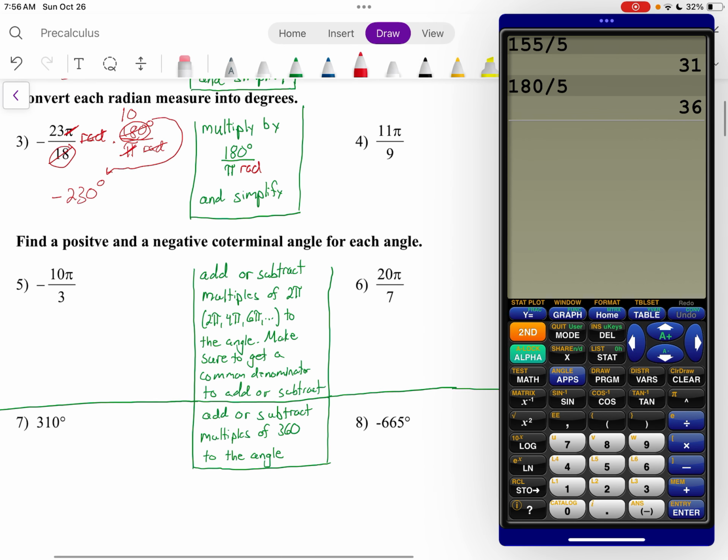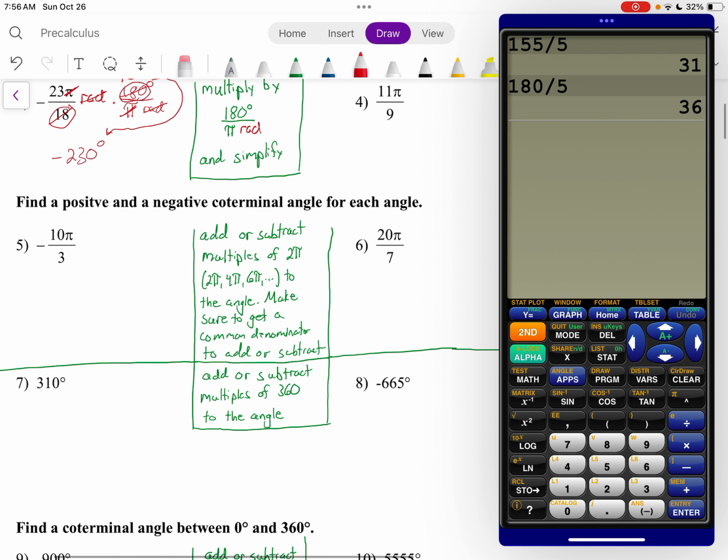All right, 5 and 6, find a positive and negative coterminal angle for each angle. So in order to find coterminal angles when dealing with radians, we add or subtract multiples of 2 pi. 2 pi, 4 pi, 6 pi, 8 pi, to the angle given.